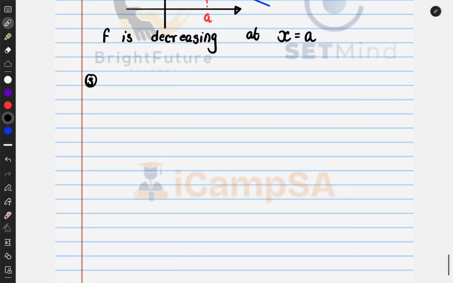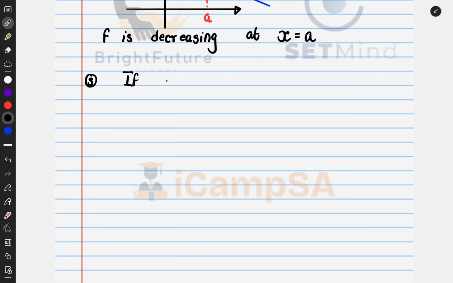Now let's say our derivative is equal to 0. Let's say we're deriving a constant, which would give us 0. Then what happens is that the function is not decreasing or increasing. Therefore we say we have a stationary point.